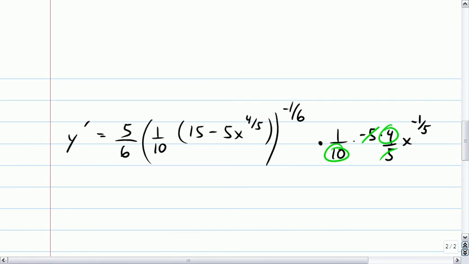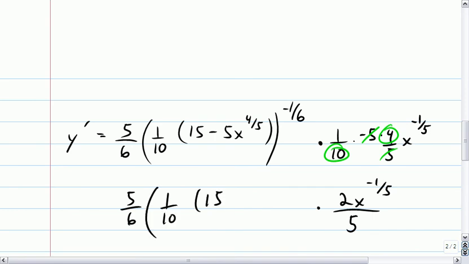So this thing over here is 2x to the negative 1/5 over 5, times, so I got a 5/6, 1/10, 15 minus 5x to the 4/5. Once again, that could be cleaned up, but I don't need to. I would just leave that as your answer.